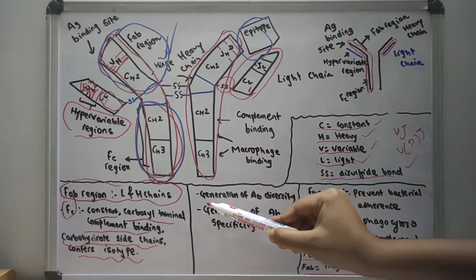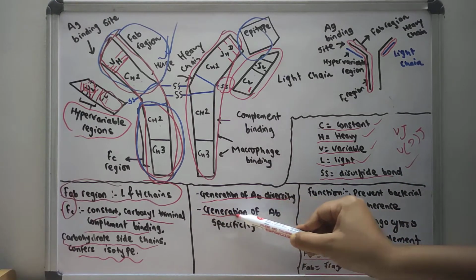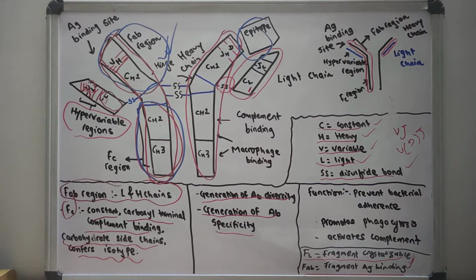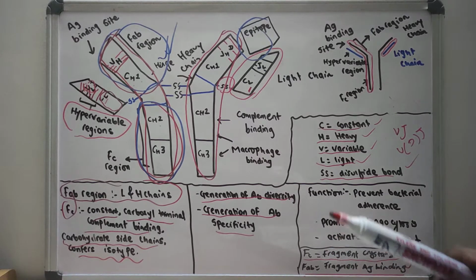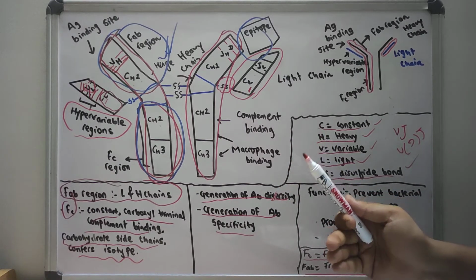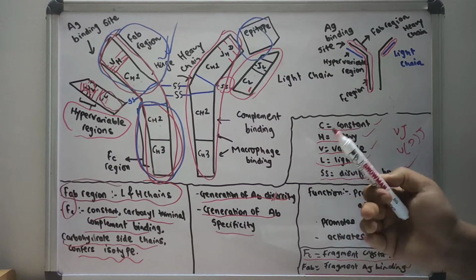Now let us talk about the generation of antibody diversity and antibody specificity. Generation of antibody diversity is antigen independent. The random recombination of the light chain and heavy chain genes creates antibody diversity.